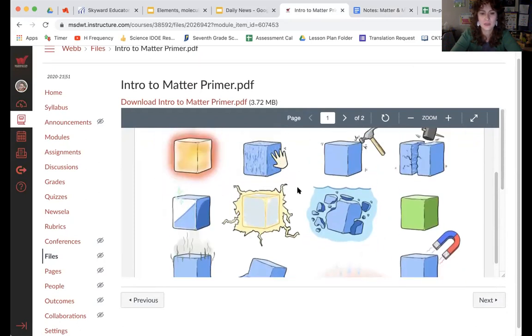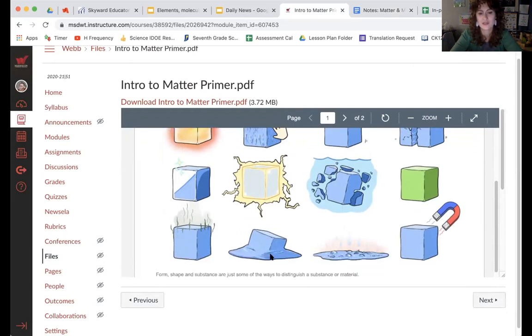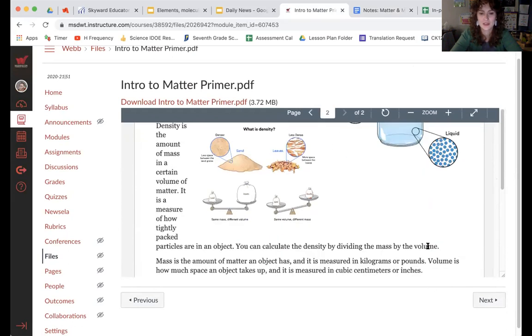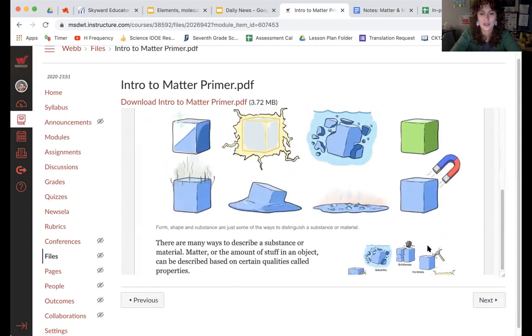As you can see, we have many different properties pictured right here. We have different temperature, texture, hardness, if it breaks, color, if it dissolves, if it conducts electricity, if it's shiny, if it has an odor, if it melts, if it boils, if it's magnetic. So these are some of the properties of matter. So you're going to read this brief article, 2 pages.